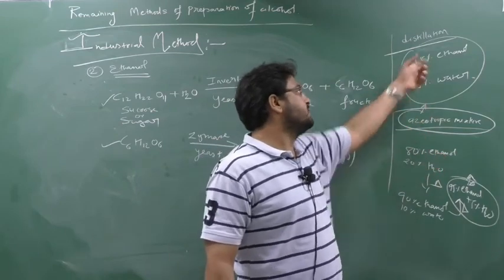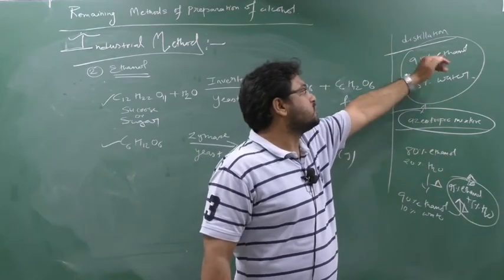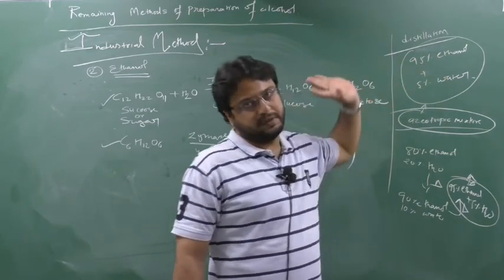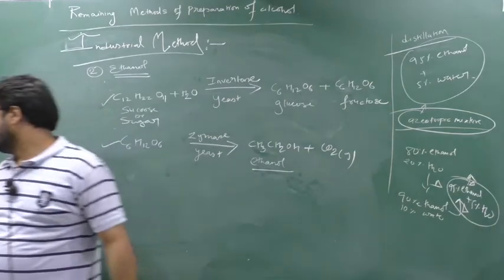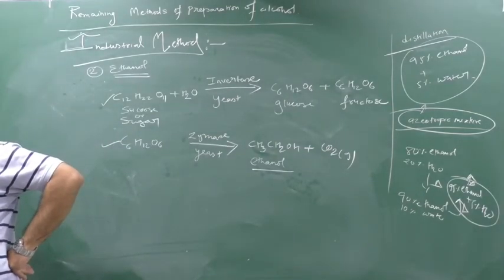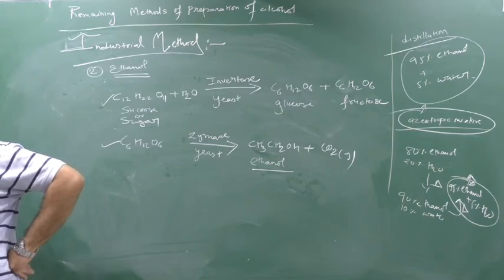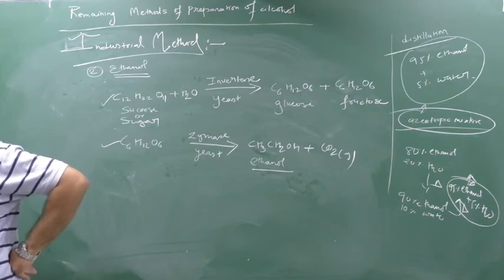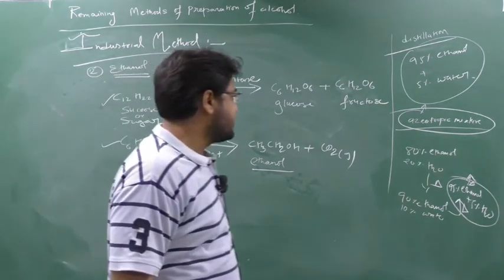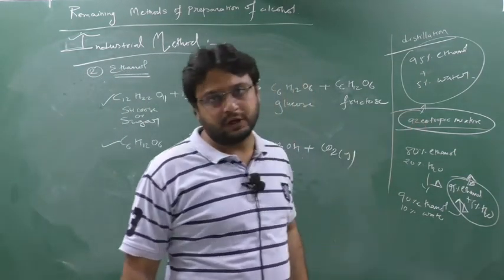But when I reach this ratio, ethanol also vaporizes and water also vaporizes on further heating, so this forms an azeotropic mixture. So write down: distillation of this final solution forms an azeotropic mixture of 95% ethanol and 5% water.